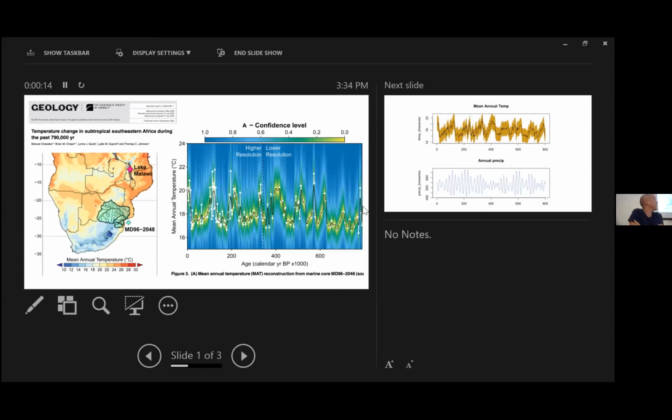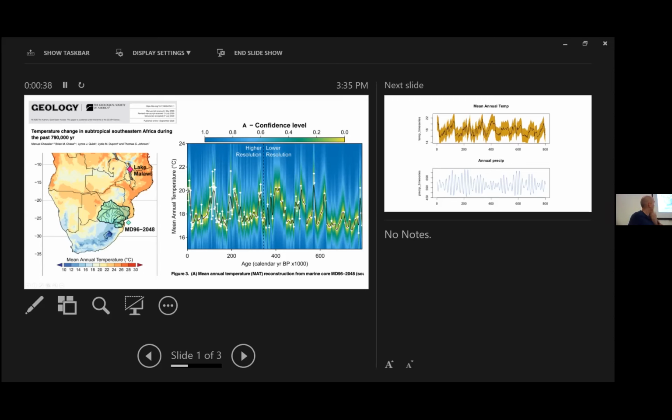No, yeah, so we had that little project to extract the pastclim simulations. Is the mouse visible? Yes. So, let's start first. I created that temperature reconstruction from that marine core some years ago.